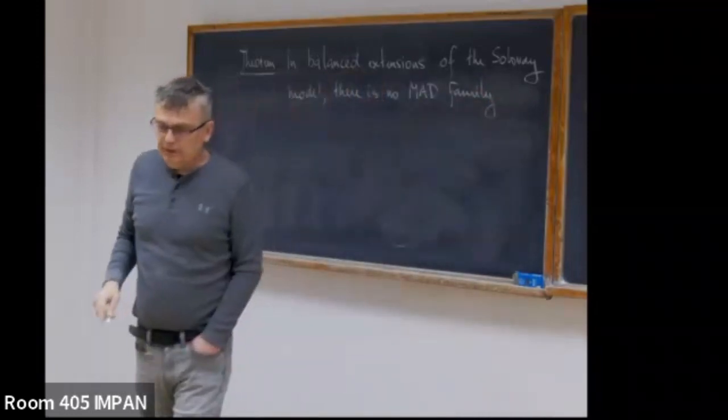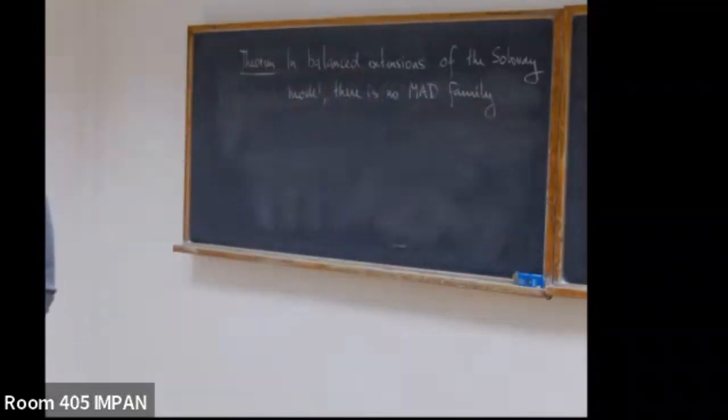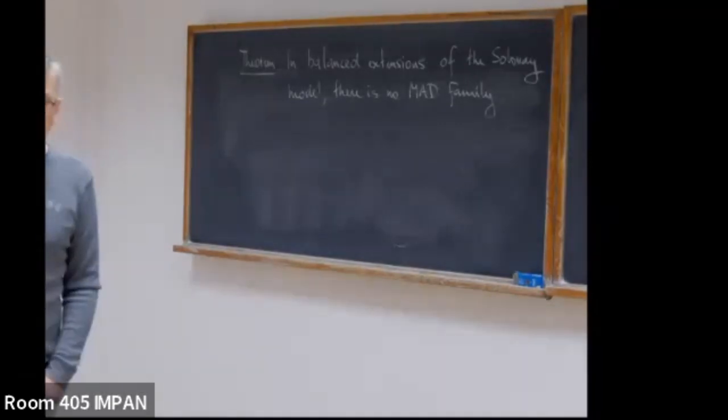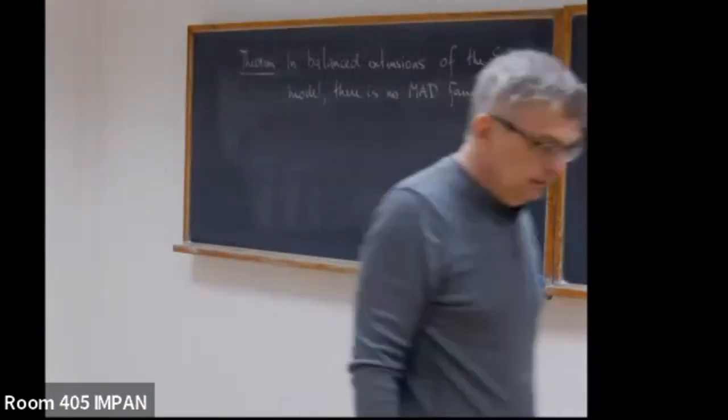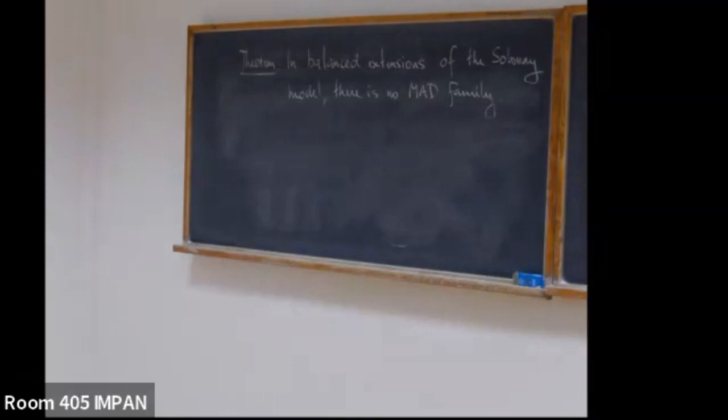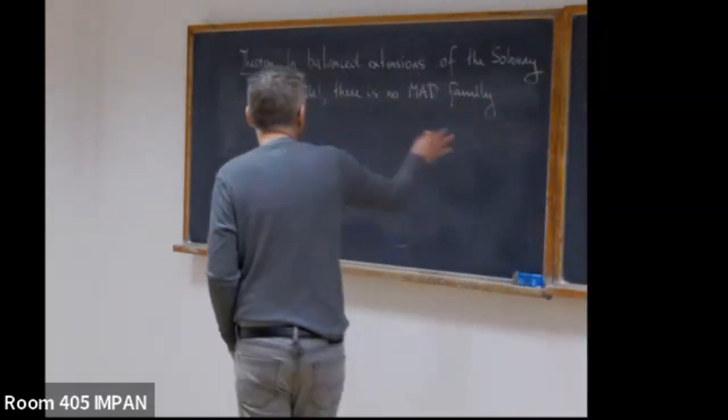That family is a family of infinite subsets of omega, which are pairwise disjoint, and it's maximal with respect to inclusion, and it should be infinite, not trivially finite.